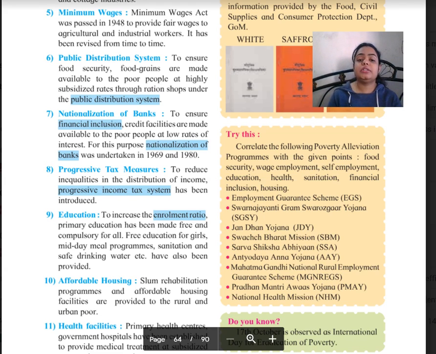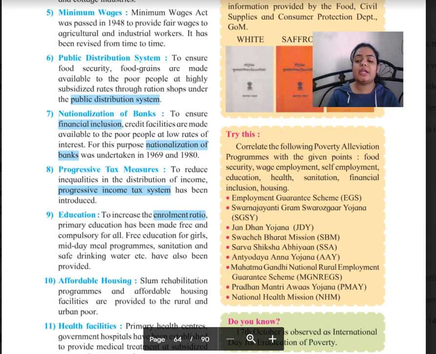So this was done for the poor people to get food grains at a very nominal price at the ration shops, so that they can show these ration cards and see to it that they get their minimum food grains and basic needs in these ration shops.